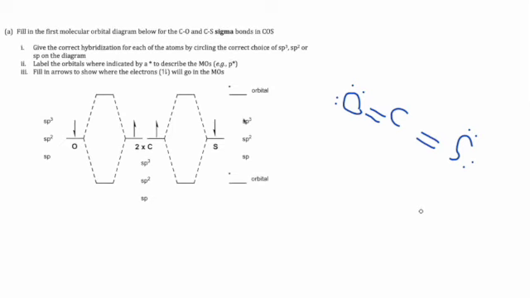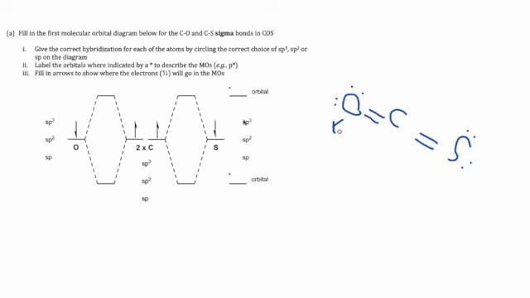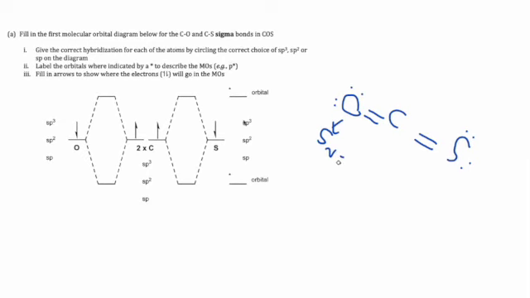So if we look at the hybridization for the oxygen using just the steric number, it is the number of lone pairs plus number of sigma bonds. So 2 lone pairs plus 1 sigma bond, that's a steric number of 3, and that gives you sp2, right?